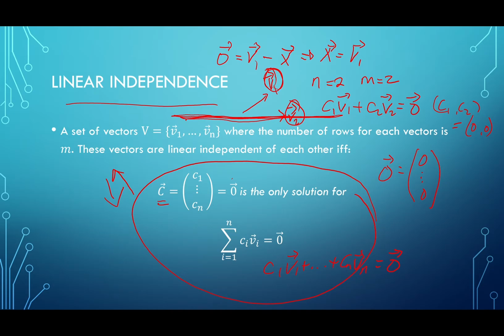But x will not equal v1 because x equals a constant times v2. But a constant times v2 only lies on this line, so it's impossible to make v1 become 0, right? I hope this makes sense.